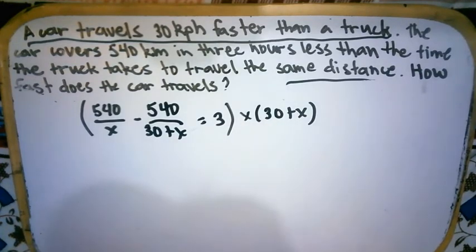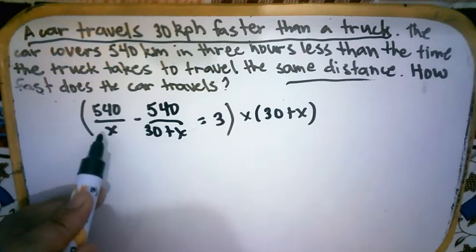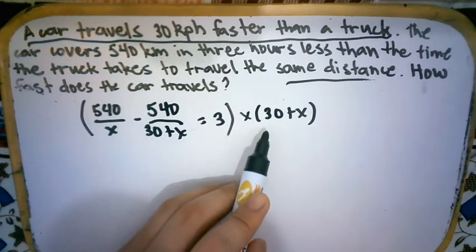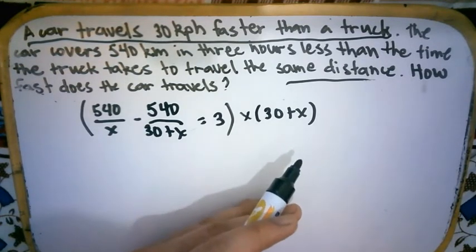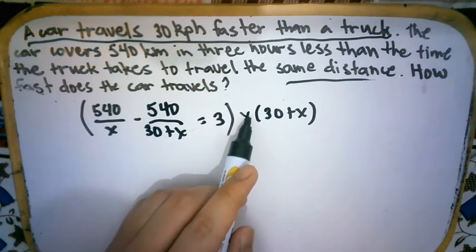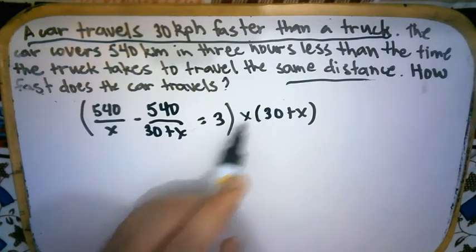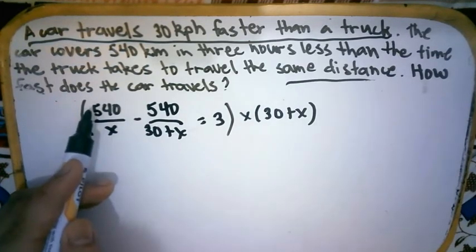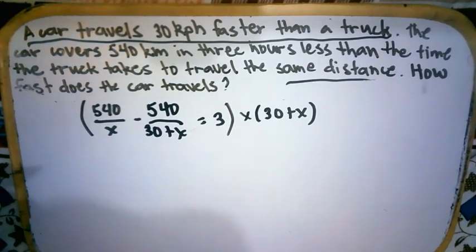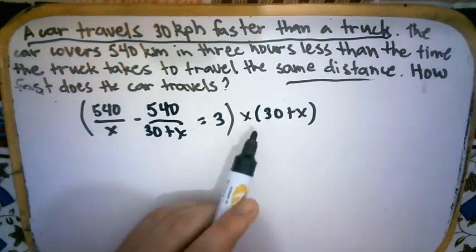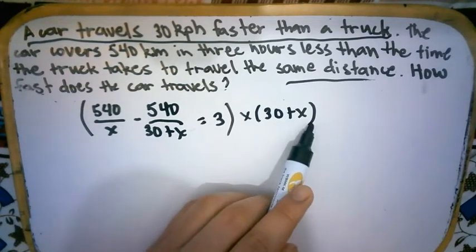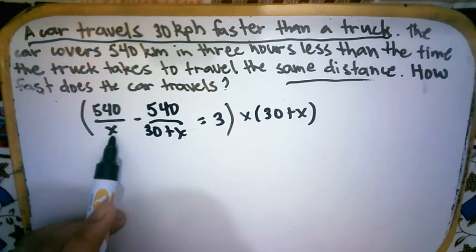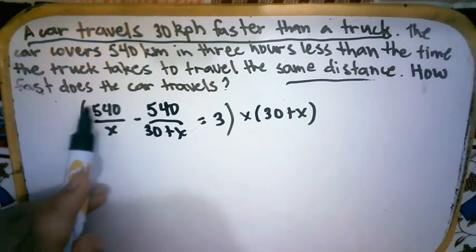So we're going to do it to 540 over x first. So tinuro ko na to before, so you can cancel x muna. So cancel x and then x here and then multiply 30 plus x to 540. So yung long procedure nun ay x times 30 plus x divided by x and then multiply that by 540.